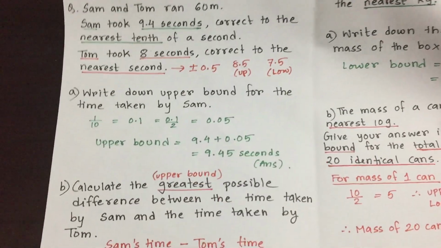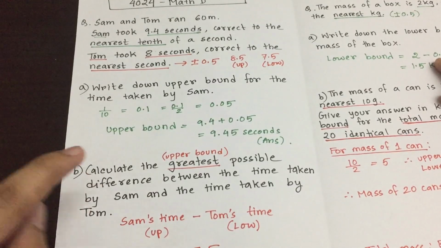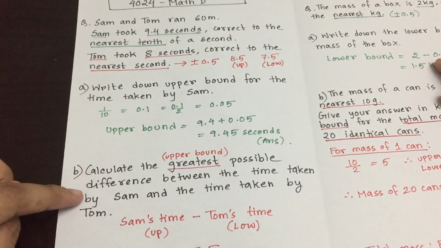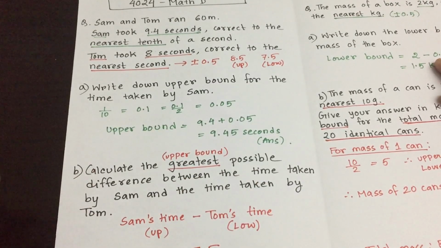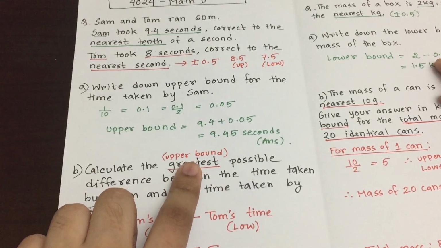Now the second requirement says, calculate the greatest possible difference between the time taken by Sam and the time taken by Tom. So greatest means we have to find out the upper bound.